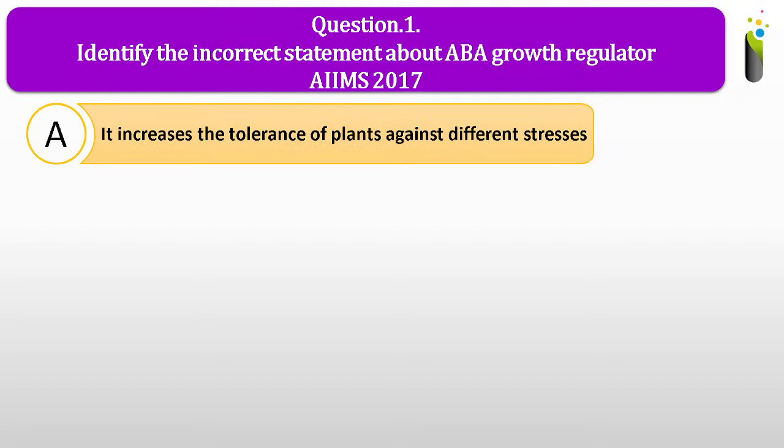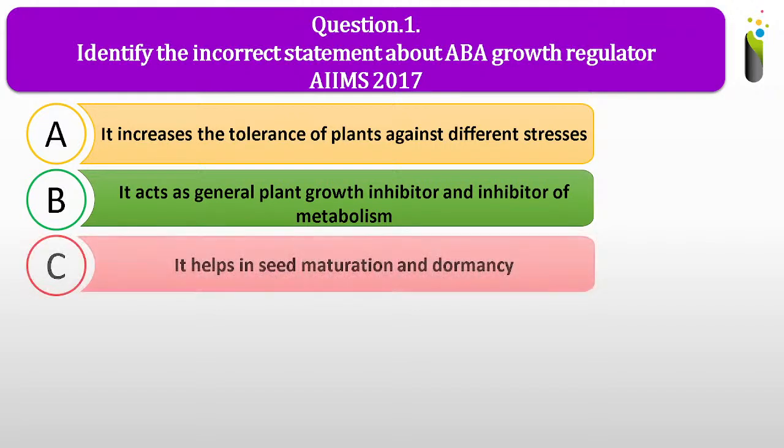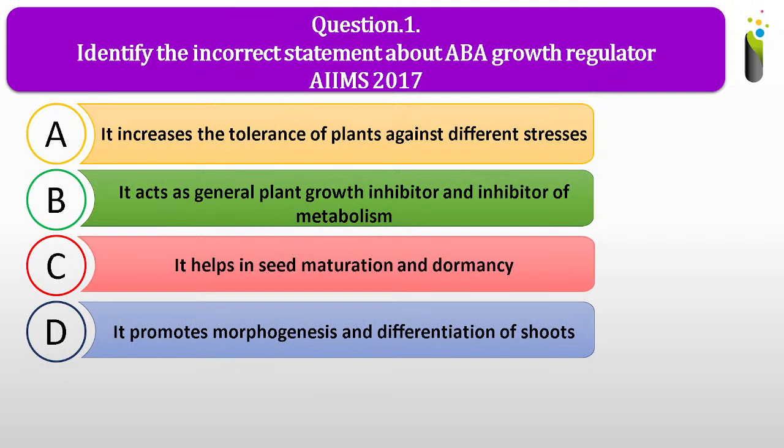Your options are A. It increases the tolerance of plants against different stresses. B. It acts as general plant growth inhibitor and inhibitor of metabolism. C. It helps in seed maturation and dormancy. D. It promotes morphogenesis and differentiation of shoots.